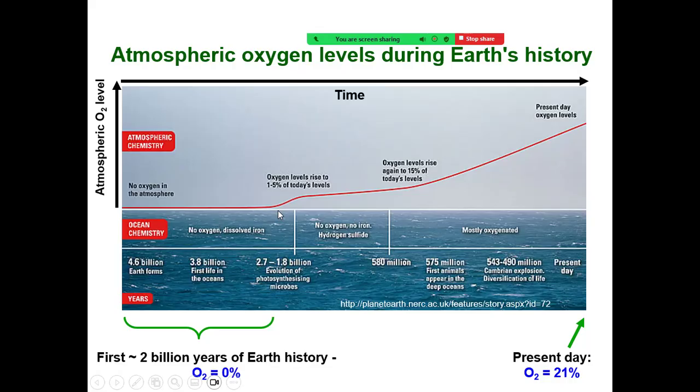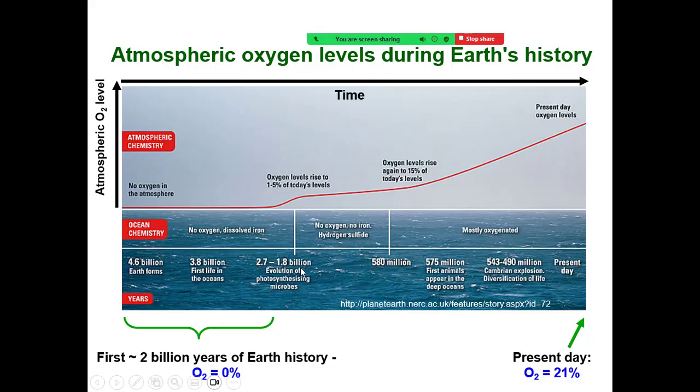And then about 2.7 billion years to 1.8 billion years ago, the oxygen level started climbing in the Earth's atmosphere, getting up to about 5% from close to 0%. And over time, the oxygen level has increased until present day, when it is around 21%.